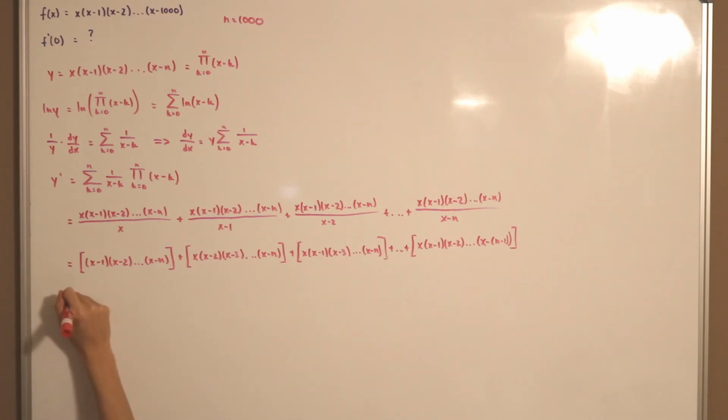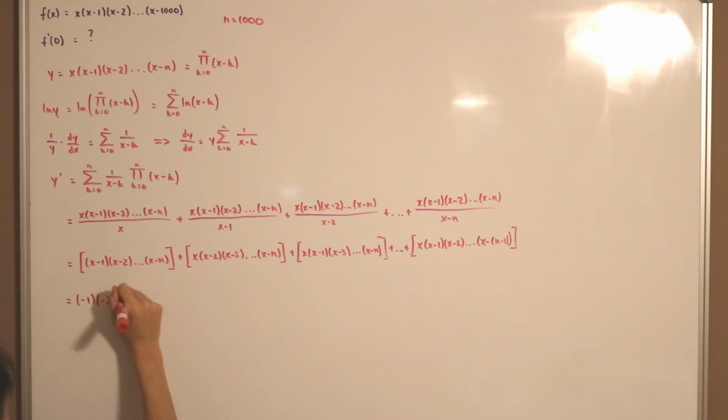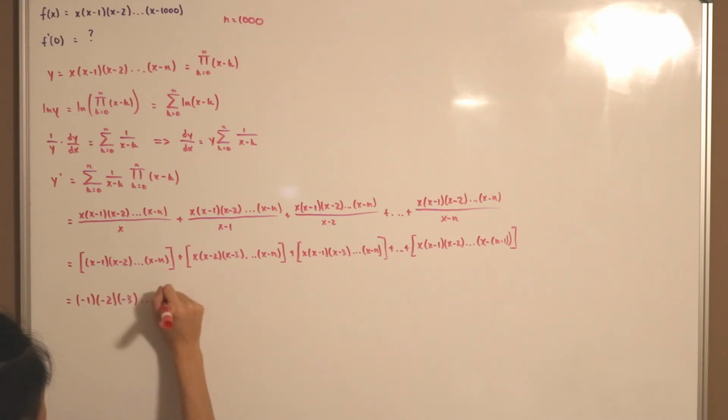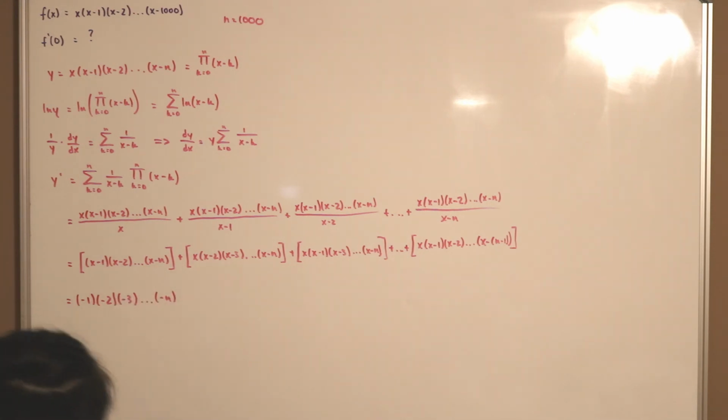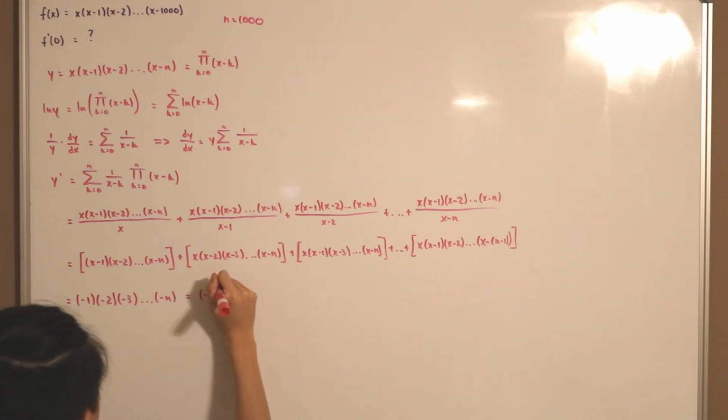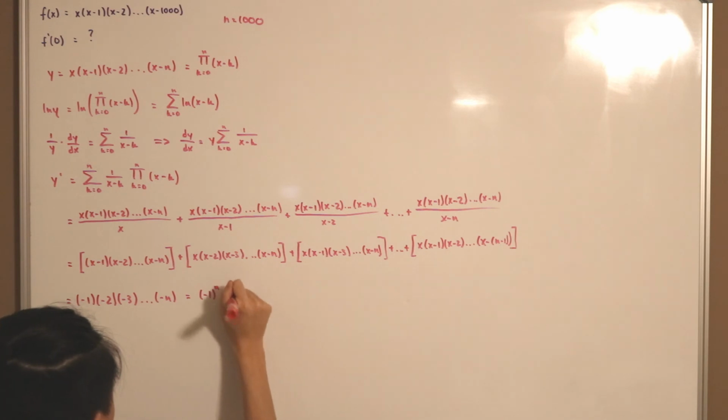When x is equal to 0, this is negative 1 times negative 2 times negative 3, dot dot dot, all the way up to negative n, and we can rewrite this product as negative 1 raised to the n, then multiplied by n factorial.